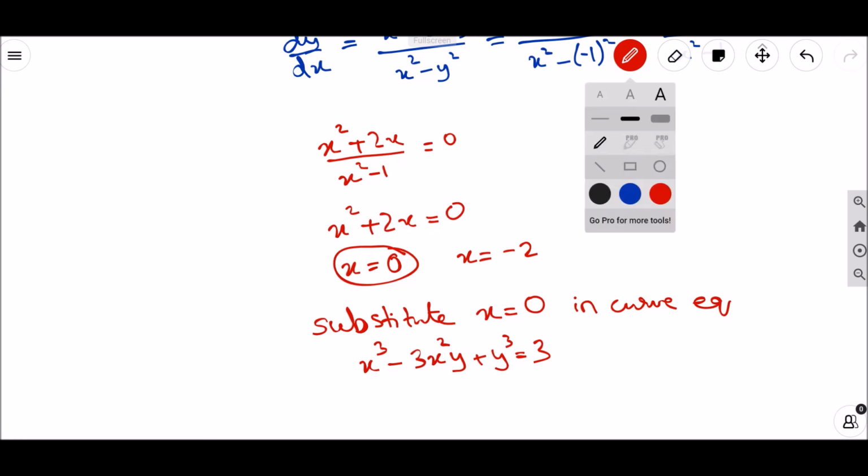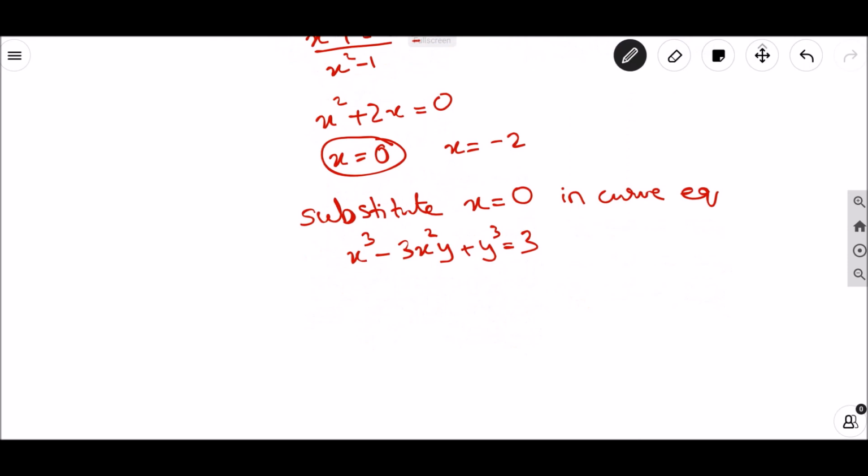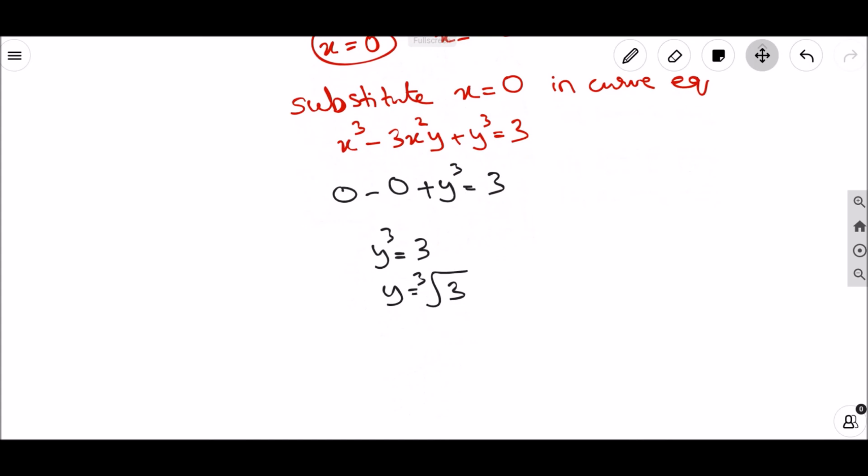So now we just have to substitute. So 0 minus anything multiplied by 0 is 0, plus y cubed is equal to 3. So y will be the cube root, and we'll get y to be 1.44. So this is our second point, 1.44.